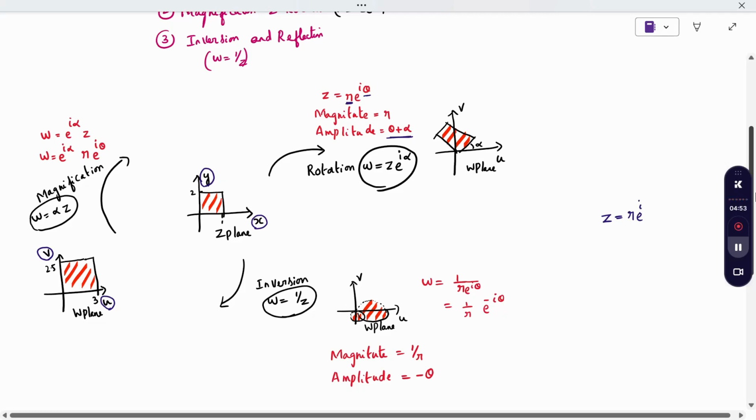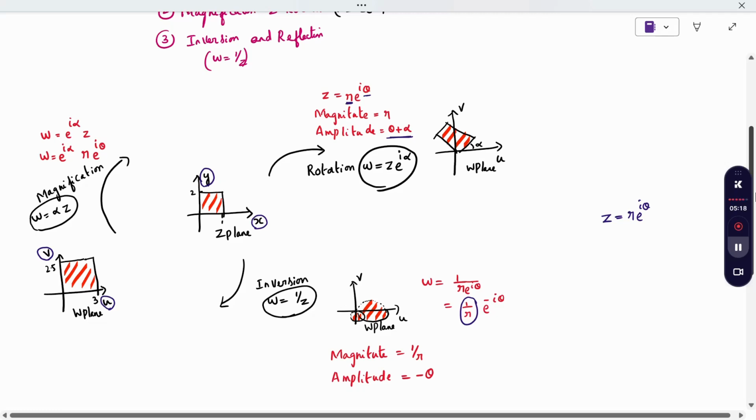Remember this for the conversion of any polar form. When we take 1 by Z, it is 1 by R e to the power minus i theta. The coefficient 1 by R is the magnitude, and the amplitude is minus theta. I have to leave it as it is.